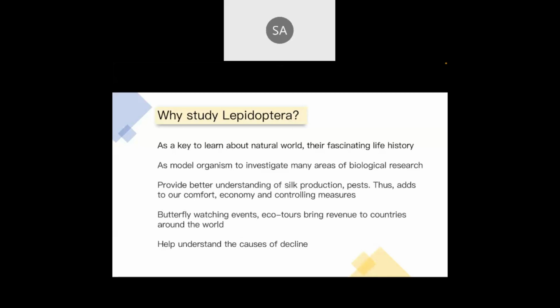So since they are declining, we need to know their causes so that we can conserve them and make their population stable.